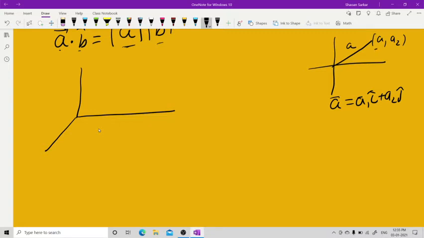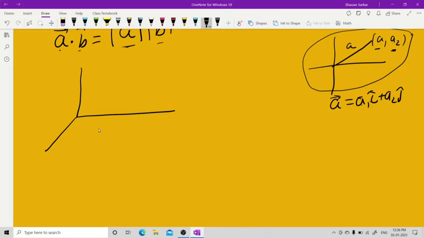This is a1, this is a2. This is the coordinate system you used to write in class 10th. The same way I'll write the vector quantity as A1 I cap and A2 J cap, because this coordinate is for the X and this is for the Y. So for the X you will write an I cap, for the Y you will write a J cap.